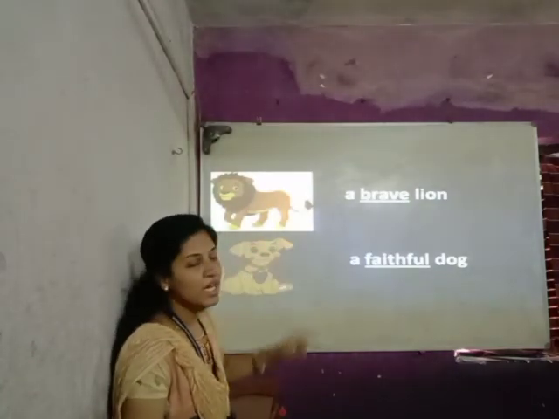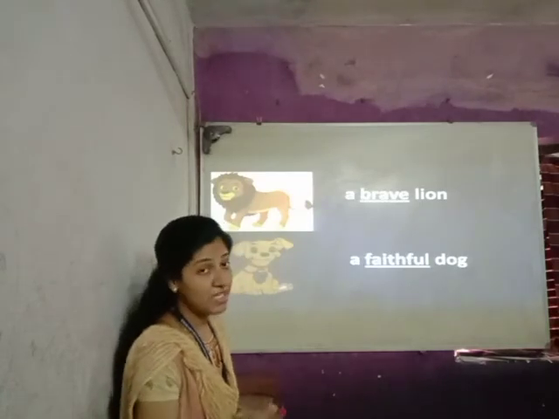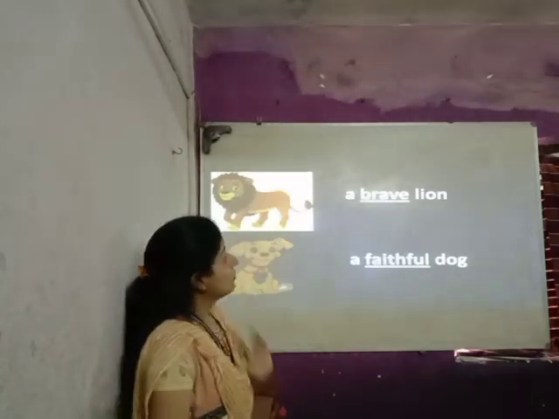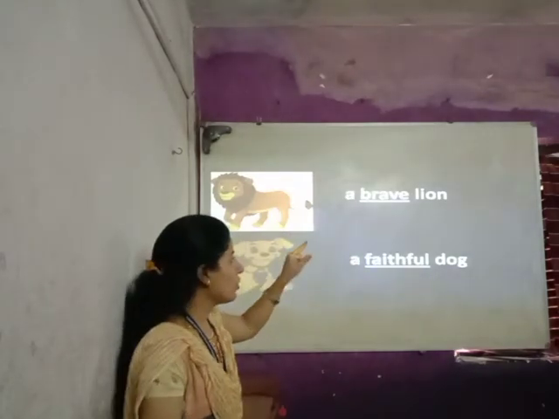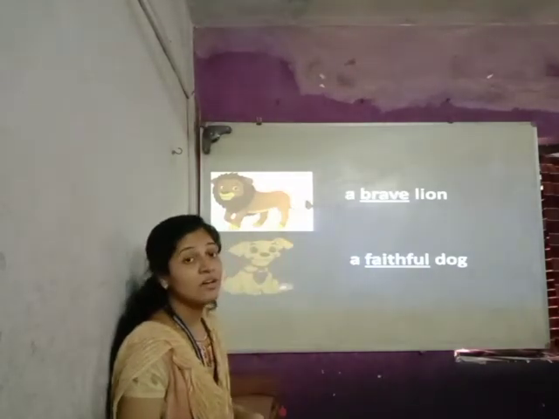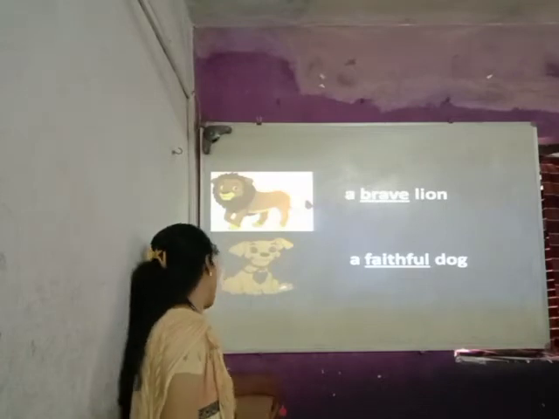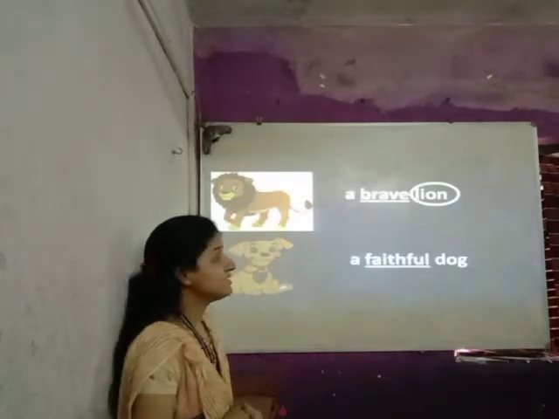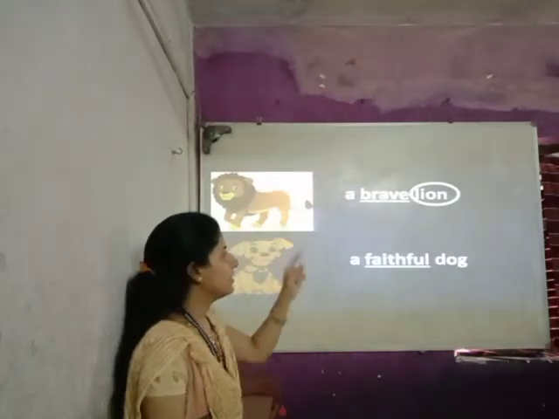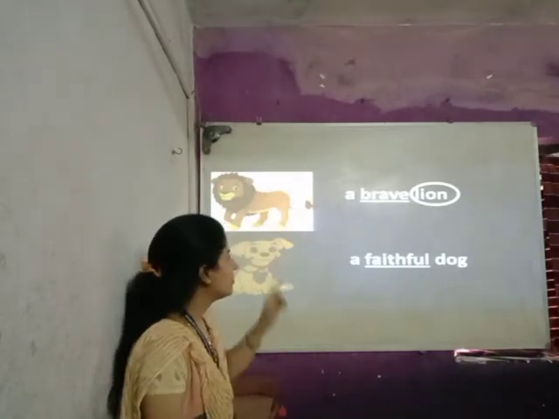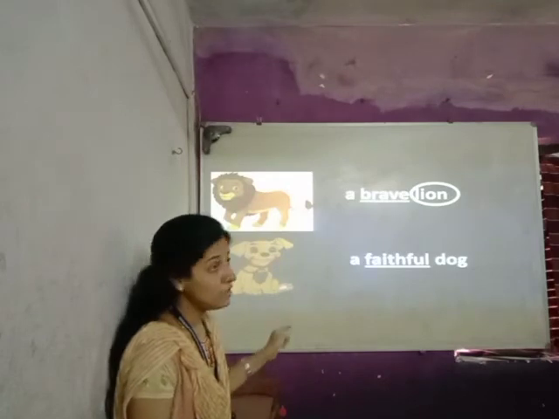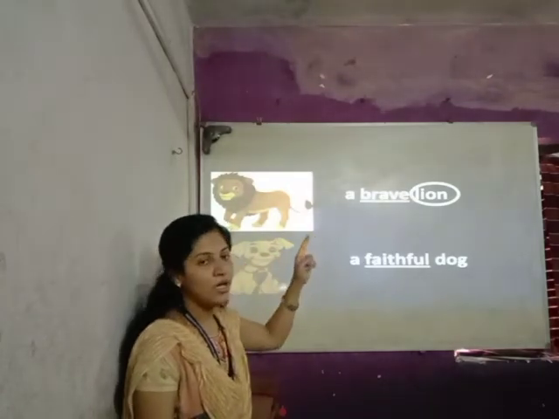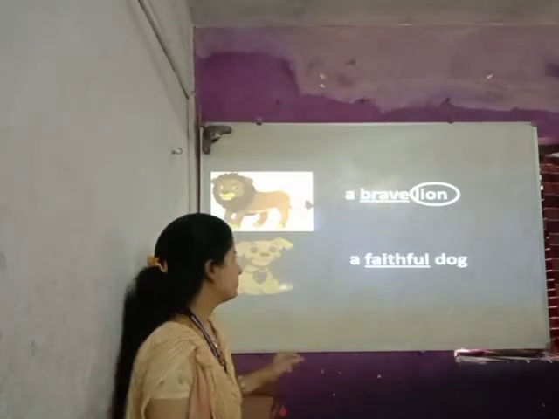Now, tell me, who is brave? Lion. So, lion is a naming word. So, what should we do here? We must circle the naming word, that is lion. So, a brave lion. Brave is a describing word and lion is a naming word.